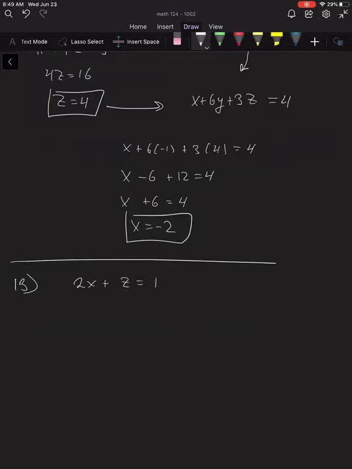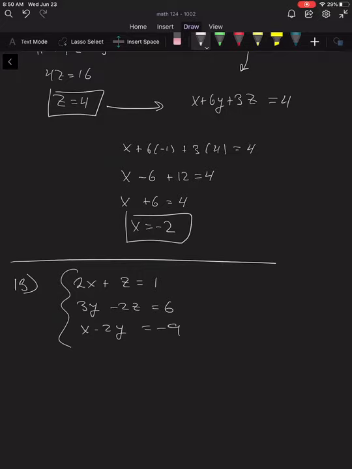And then we have 3y minus 2z is equal to 6. And then we have x minus 2y is equal to minus 9. So to copy everything correctly: 2x and z, 3y minus 2z, and then x minus 2y equals minus 9.